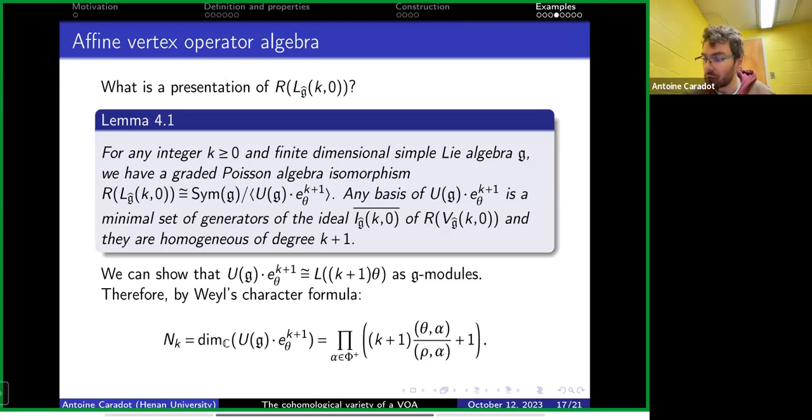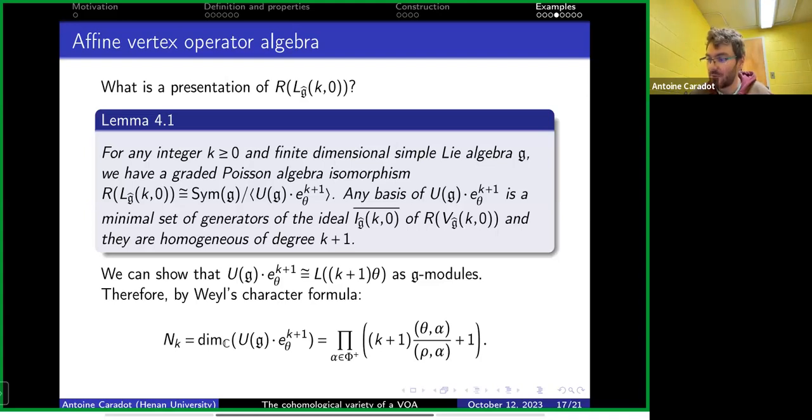And so if we apply this, we have a direct way to compute it explicitly using the root system of G. So if we write nk for this dimension, it's going to be the following product, where phi plus is the positive part of the root system of G, and rho is the half sum of the positive roots of G. Because phi is finite, this is a finite product.